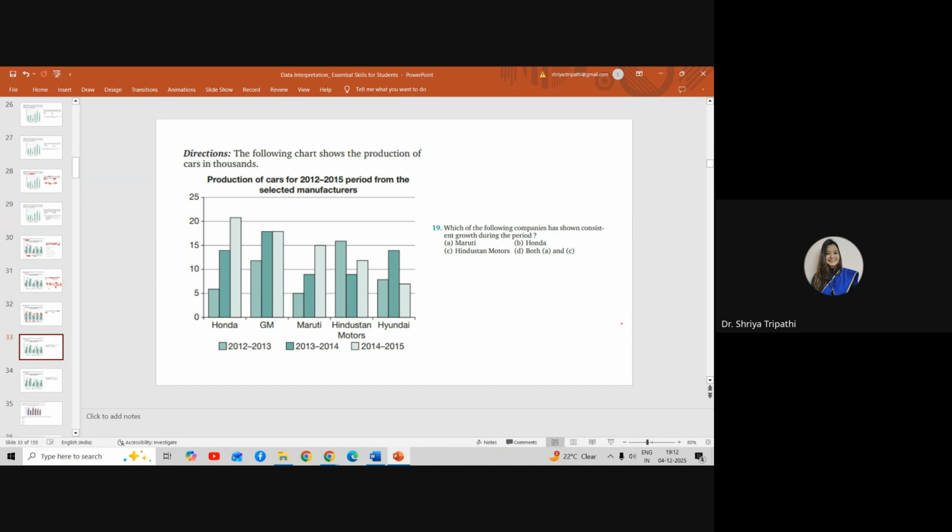Which companies? It's both Maruti and Honda, it seems. D. Answer D. Okay. Others?